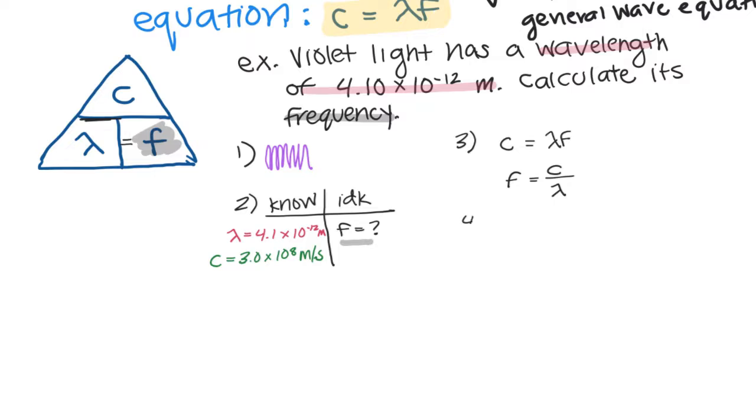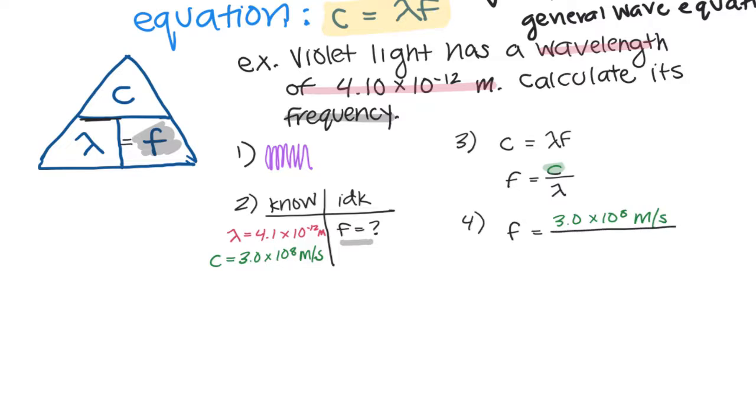Now that we've got that equation set up, it is solving for frequency. We can go ahead and start plugging some things in. First thing we're going to plug in is our speed of light, right? So our speed of light is 3.0 times 10 to the 8th meters per second.